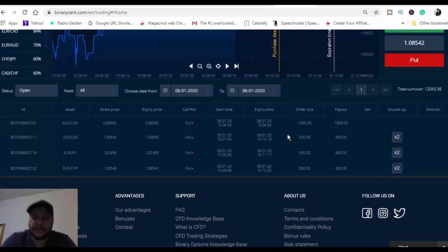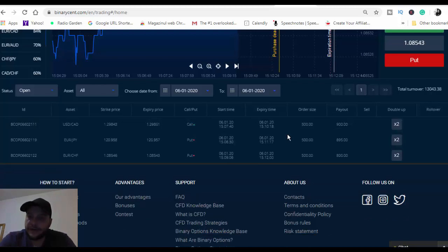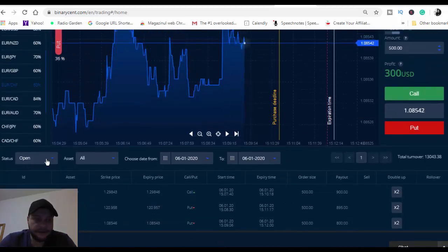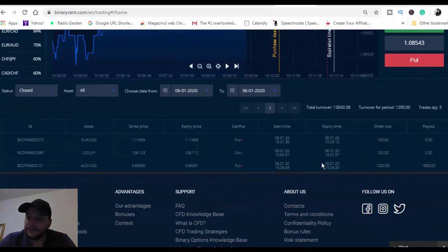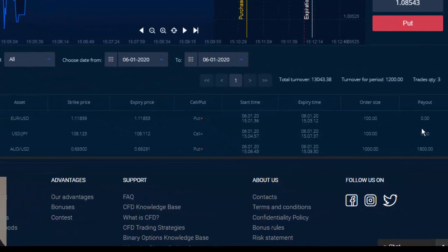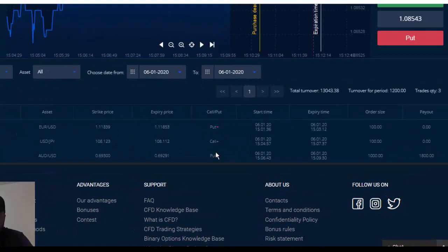Let's wait and see what happened. We lost one, now it's winning. It expires, one has expired. Let's wait and see what's happening. Open, closed. So as you can see, we have 2 losing trades and 1 winning trade.